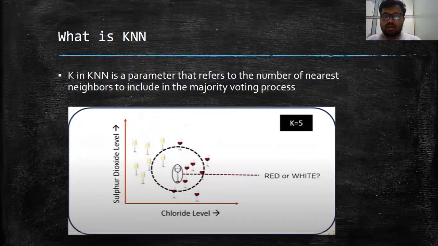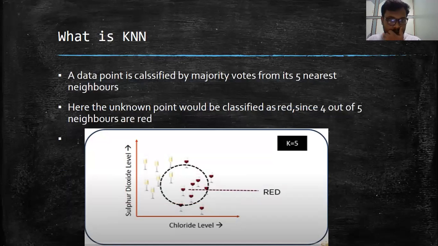All the classification depends on the value of K, what value of K you take. For example, here we have taken K equal to 5. As you can see in the circle, the five nearest neighbors are marked. A data point is classified by majority votes from its five nearest neighbors.